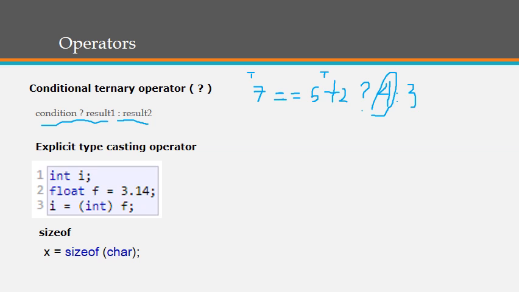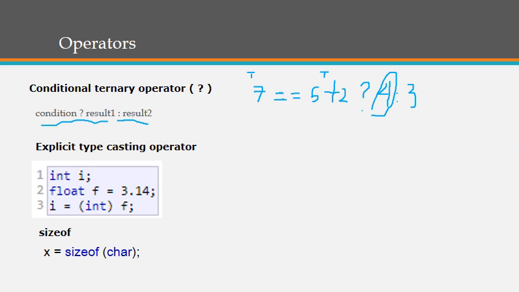The typecasting operator, basically what it allows us to do is to convert a value of a given data type to another one. And you see there in the examples in lines 1, 2, and 3 an excerpt of code in C++.